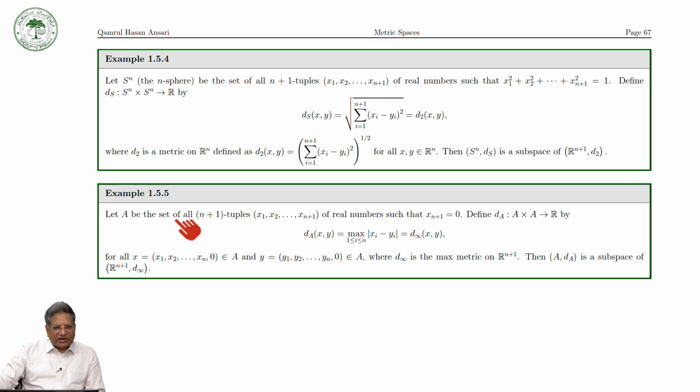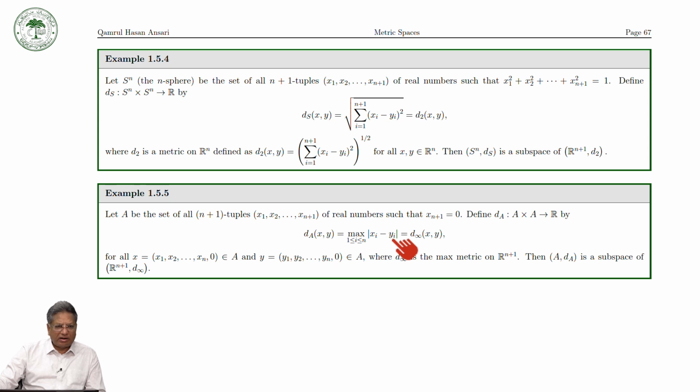Let A be the set of all n plus 1 tuples (x1, x2, ..., xn plus 1) of real numbers such that xn plus 1 is equal to 0. That is to say, the last entry is equal to 0. And then we define dA from A cross A to R by dA(x, y) equal to the maximum of |xi minus yi|. We have just seen that it is the max metric.